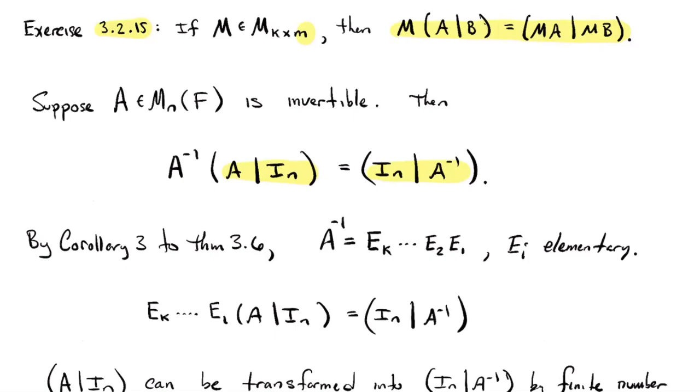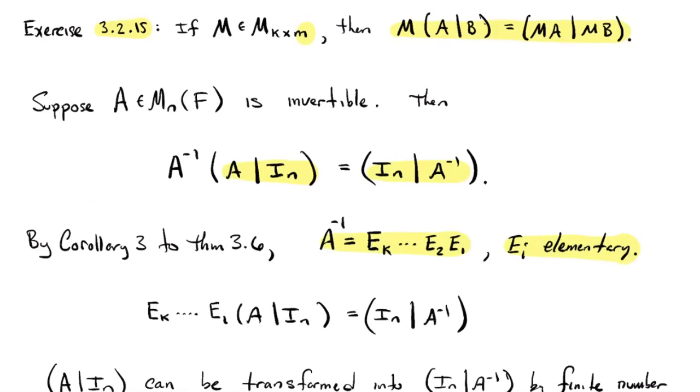One of the many corollaries of theorem 3.6 last time said that every invertible matrix A is a product of elementary matrices, corresponding to either elementary row or column operations.